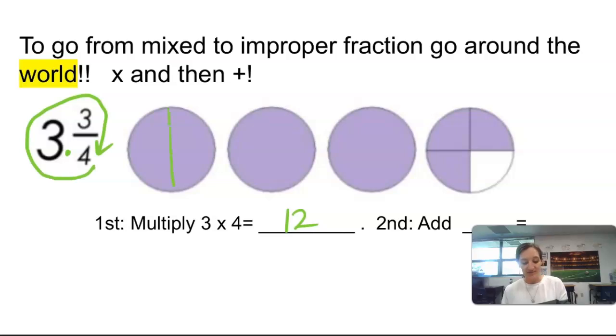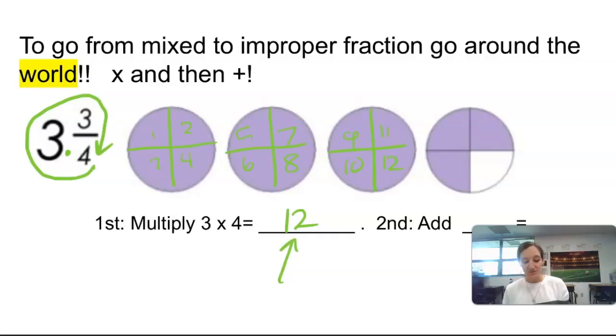So when I divide them into fourths, how many pieces do I now have? Well, 1, 2, 3, 4, 5, 6, 7, 8, 9, 10, 11, 12. Do you see why I multiplied it together so that I could figure out how many fourths there actually are? So I have 12 fourths just in those 3 whole pizzas.